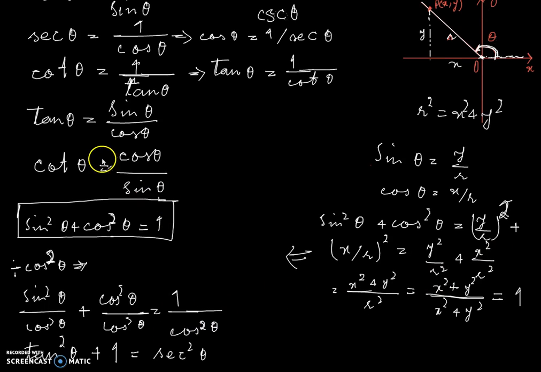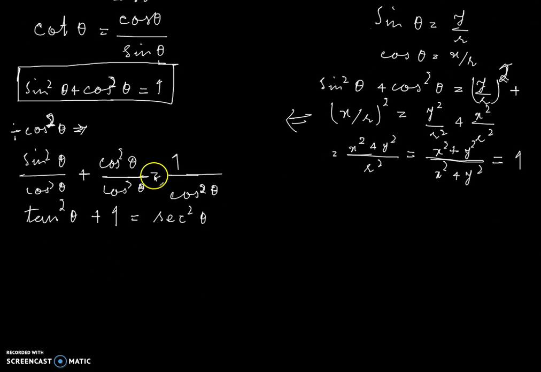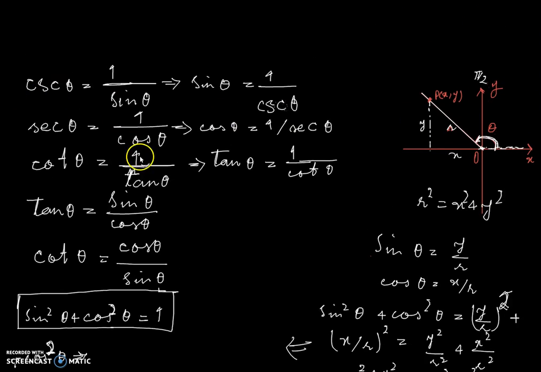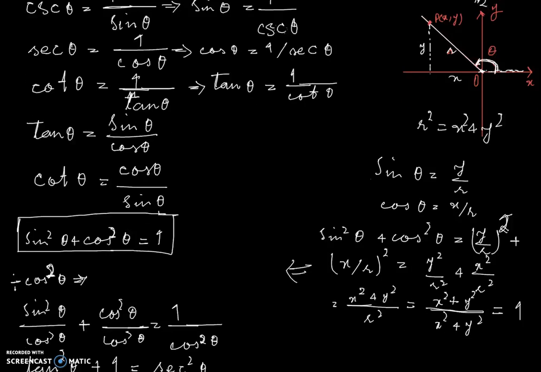1 by cos theta is secant theta. And sine squared by cos squared is basically tan squared, which is also based on this: sine theta by cos theta is tan theta.